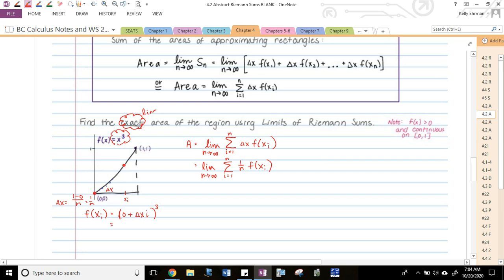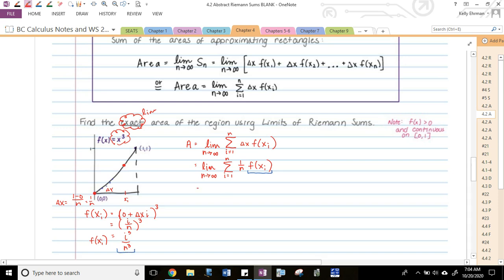The 0 doesn't need to be there. Delta x we just said was 1 over n. So now I have i over n, cubed. That's the same as i to the third over n to the third. So instead of having f of x sub i in my formula for my actual area, I can now replace this piece with this expression.